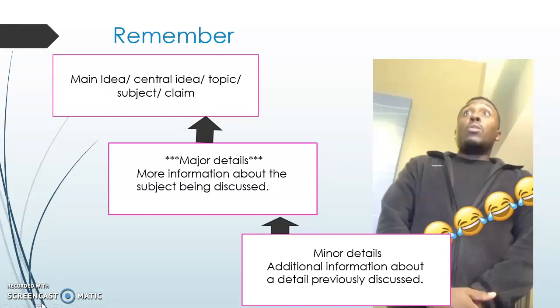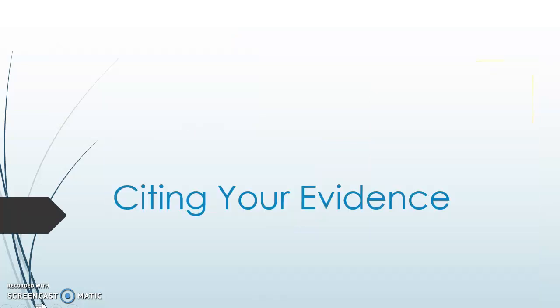So now I want you to flip over to another sheet of paper. You're going to head this about citing your evidence. Each week, we're going to build on the MLA format that I want you all to use. By the end of the first 9 weeks, you all will be good at citing embedded quotations using MLA formatting.